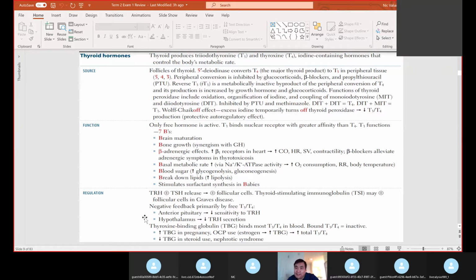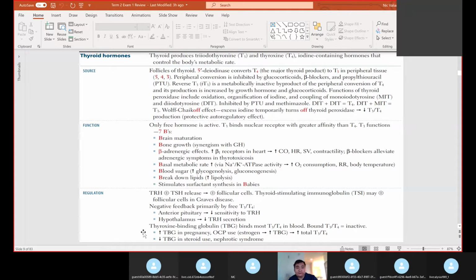Okay, so in the blood, you have this thyroxine binding globulin, which mostly binds your T3 and T4. If your T3 and T4 is bound to your TBG, it's inactive. Don't forget, high yield, increased TBG in pregnancy, or if you use contraception, okay? And decreased TBG in what?